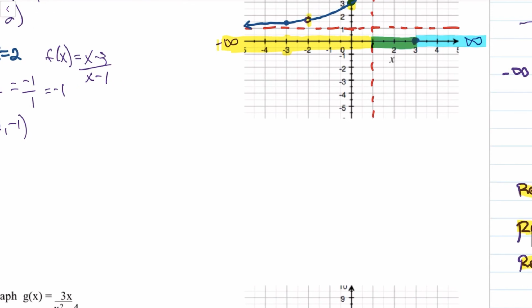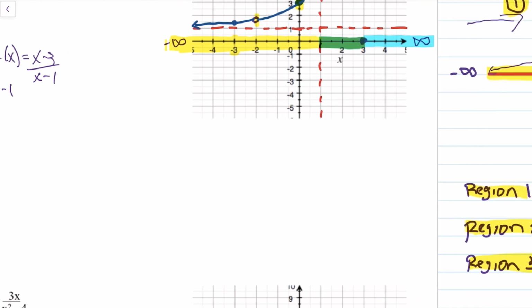So if we come over to our graph, we have the point (2, -1). So again, that tells me that everywhere from the vertical asymptote to the x-intercept, every point in that green region is going to be below the x-axis. So we know the behavior of how these graphs work. It's going to go this way.